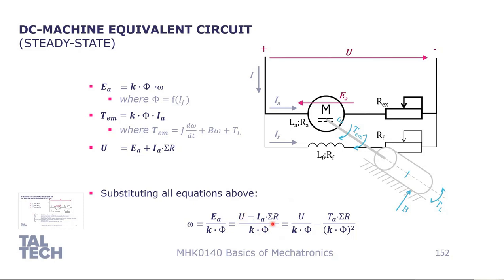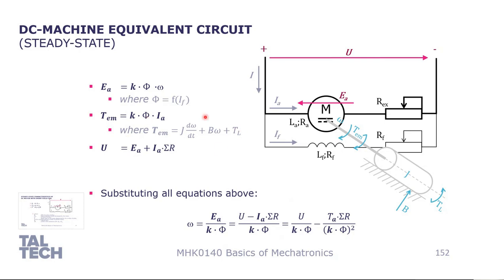From the second equation, we know that the electromagnetic torque is equal to the construction gain multiply flux multiply armature current. So from this, we can get the dependence of angular velocity on the torque. And since we have a linear dependence between them, we will have the K multiply phi in square.